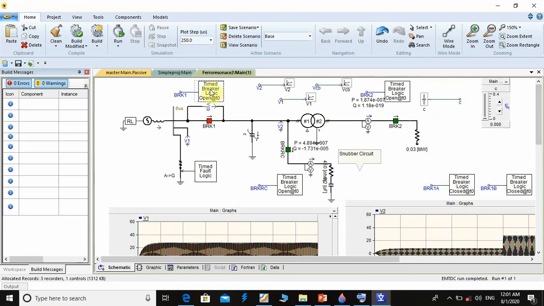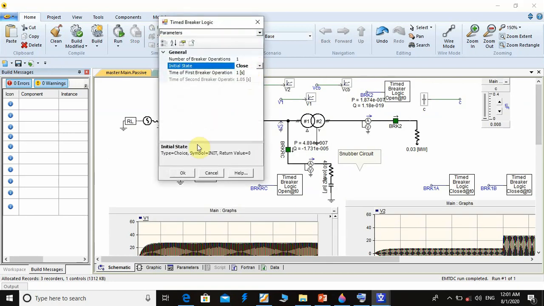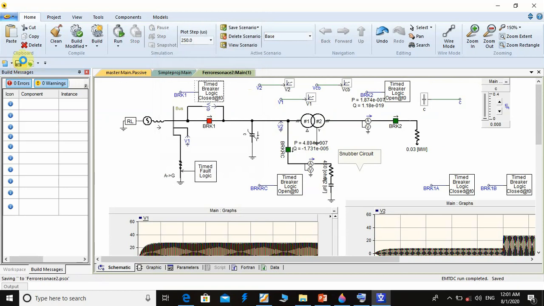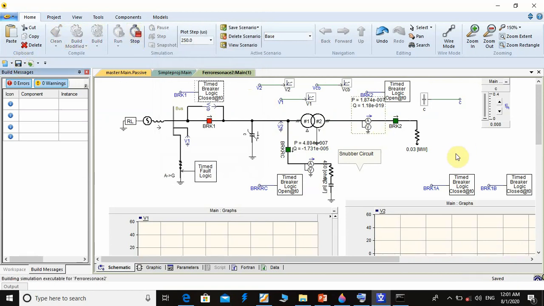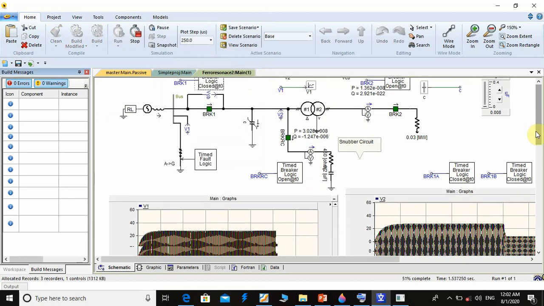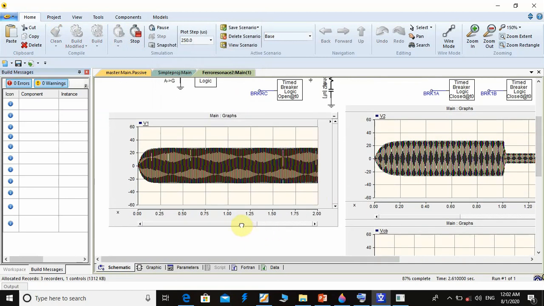Yes, and our circuit breaker closes for 1 second, then opens. Yes, closed for 1 second.